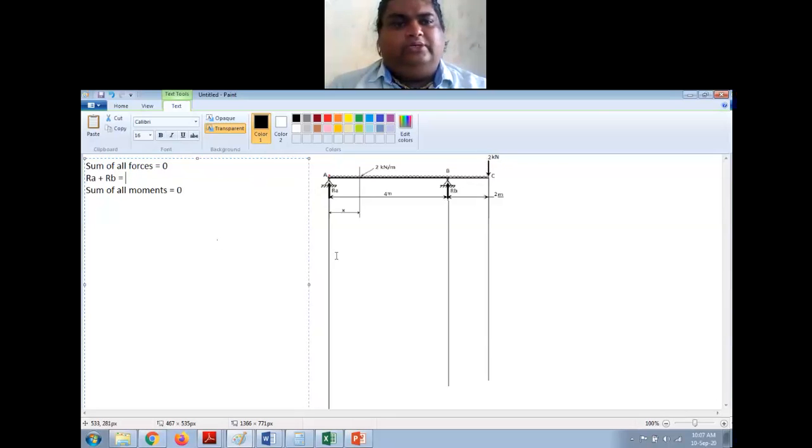I have one force here, which is equal to 2 kilonewton plus the UDL intensity is 2 kilonewton and the length is 6 meter. So 2 into 6. So that will be 2 plus 12 equal to 14 kilonewton. That is the total force acting on this beam.